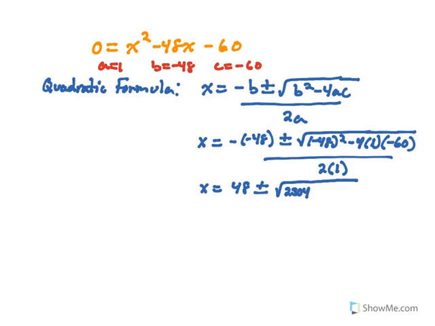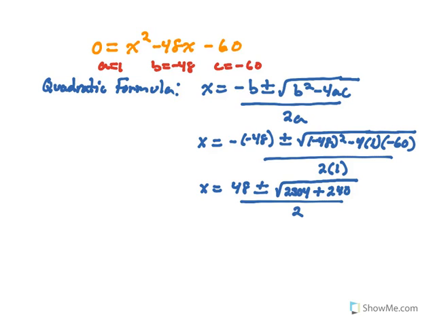Now don't forget, a negative 4 times 1 is a negative 4 times a negative 60 turns into a positive 240, right, because you got 6, 12, 18, 24, and you had the 0. And that's all over 2.